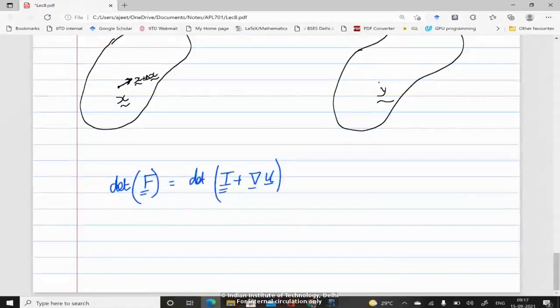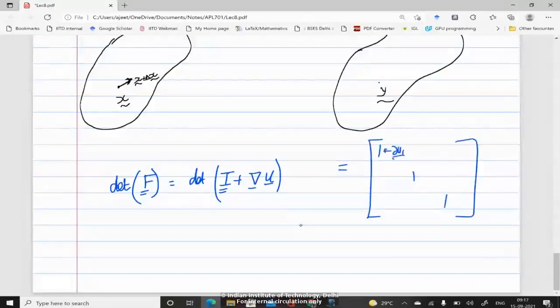Yeah, this is not so easy, of course, because there is no power and no higher order terms coming in. I think for these kinds of problems, either you expand it, or I can also see if I can do it in some tensor form. But of course, one way is that you directly write it as a matrix, with 1 plus del u1 by del x1, del u1 by del x2, and so on.